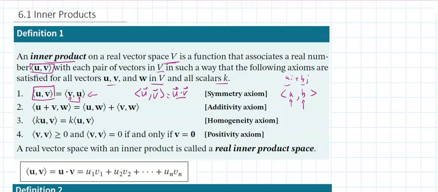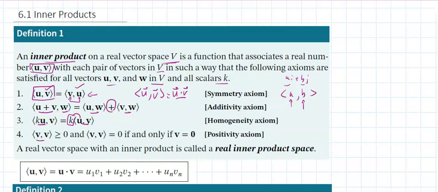Well, obviously, if you take u dot v or v dot u, it makes no difference. If you take u plus v dotted with w, you could take u dotted with w, v dotted with w, and sum the results. If you multiply one of the vectors by k, then you could simply take the dot product and multiply the result by k.